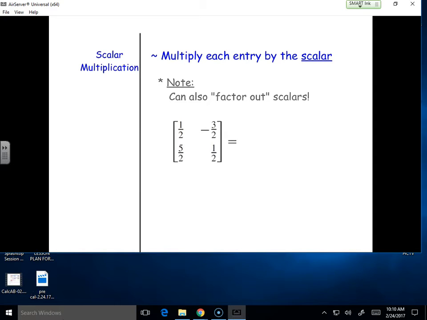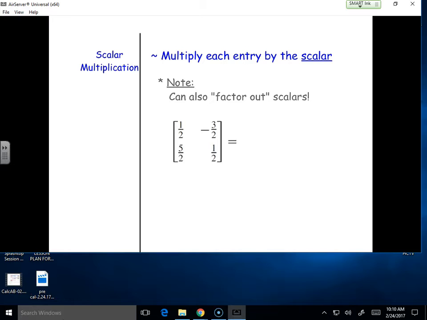Question, the same way you can multiply an entire matrix by a scalar, aka you guys just did 3A and 2B and then subtracted, right? 3, just multiply 3 by everybody. 2B, you do 2 times everybody in the B matrix. The same way you can multiply everybody by a scalar, you can also factor out scalars to make a matrix nicer.